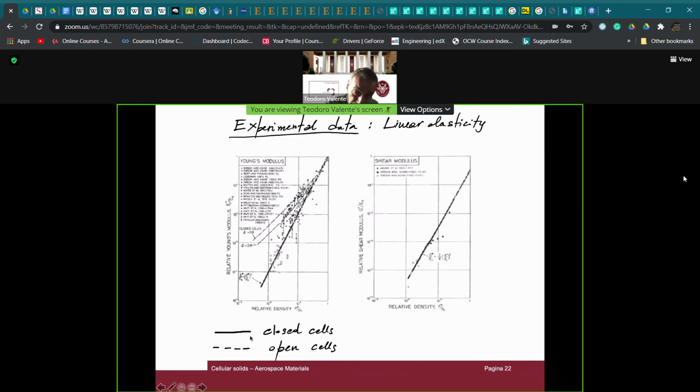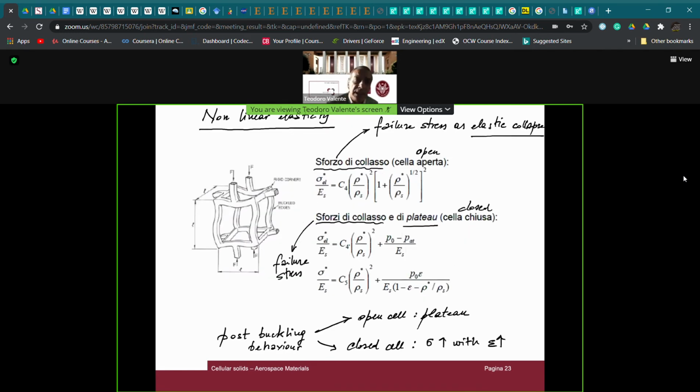The continuous line refers to the closed cell situation. As you can see here, the experimental data, which are obviously differentiated according to the base materials, are well fitted by the simple equations that I showed to you, which can be used for the pre-dimensioning of the cells according to the overall properties that we want to achieve in terms of response of materials.